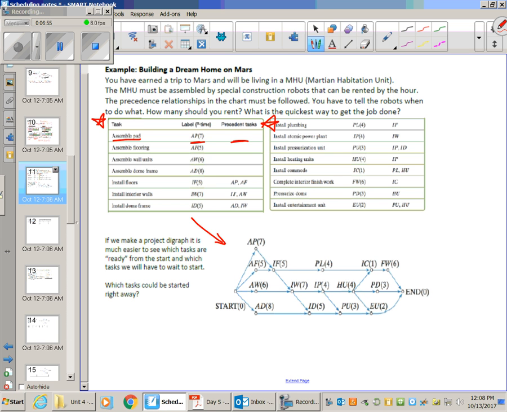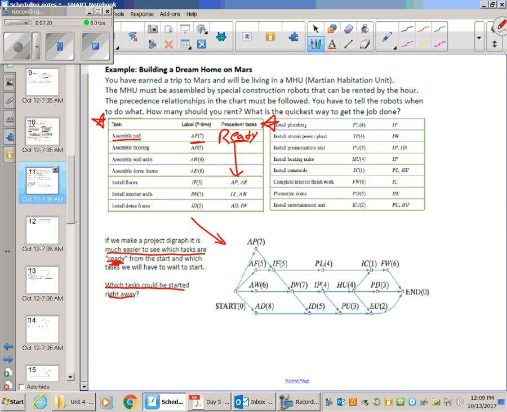All right, if we make a project diagraph, it is much easier to see which tasks are ready from the start and which tasks will have to wait to start. Which task could be started right away? Well, remember, it's the ones that don't have any precedence. It's the ones that start at the very beginning.